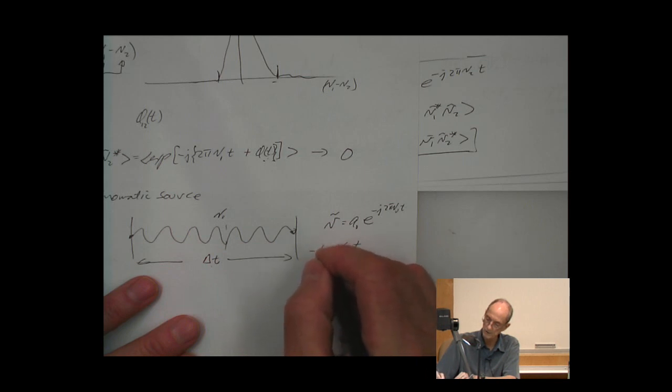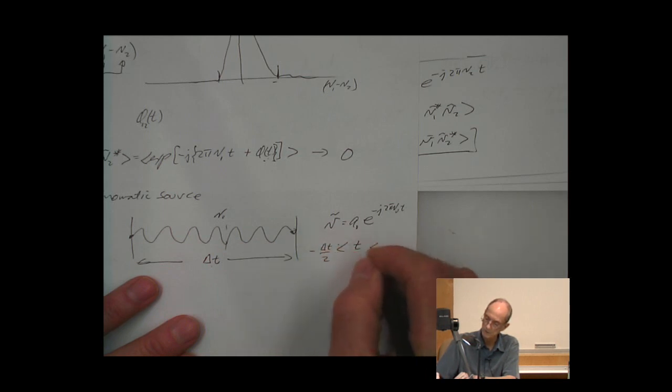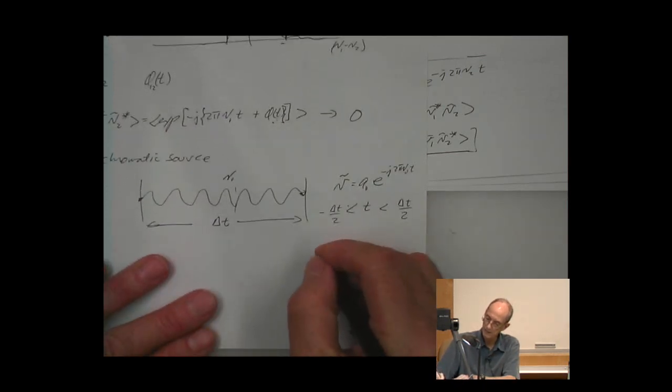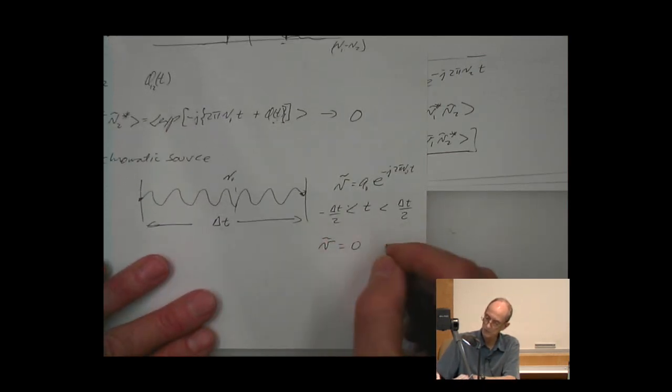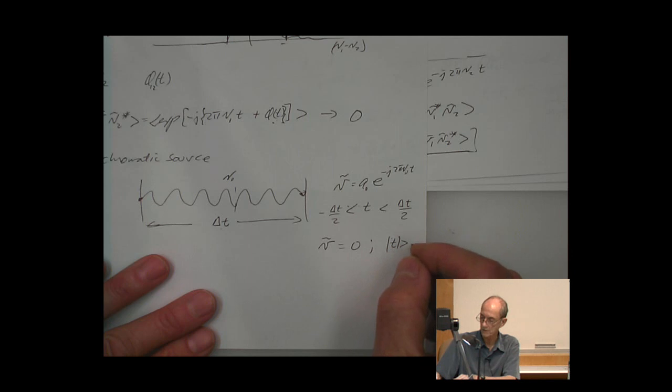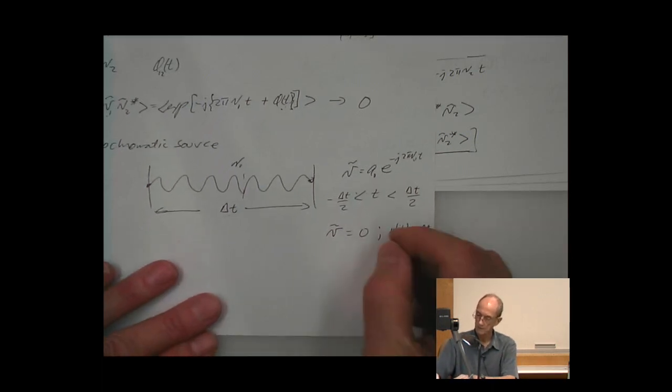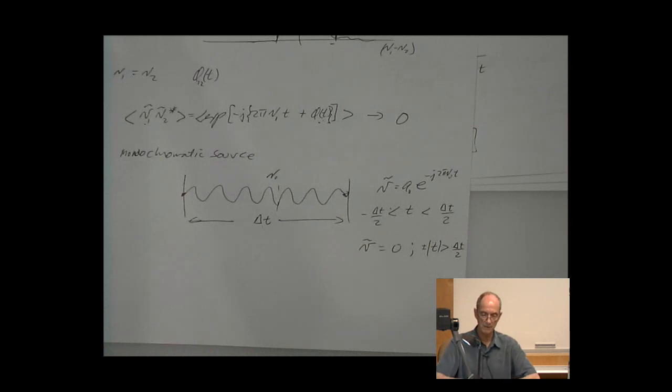So it's from minus delta t over 2 to delta t over 2, and V is equal to 0 for t, say magnitude greater than delta t over 2, plus or minus. Okay. So that sets the range of the field that we have.